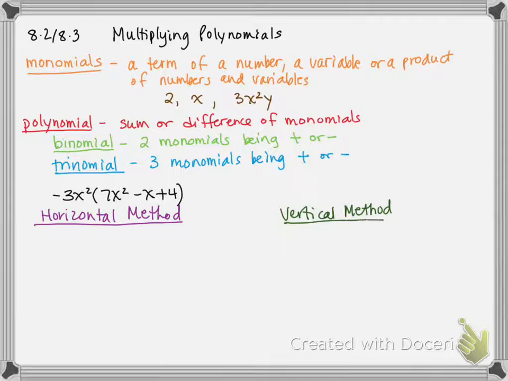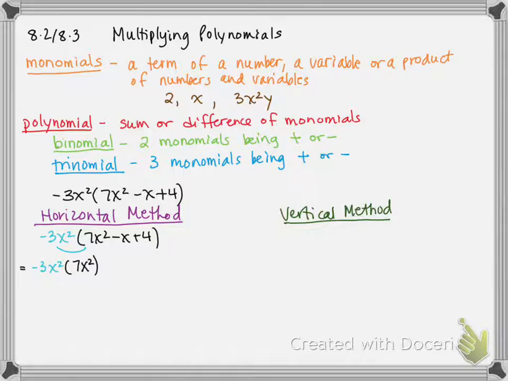Now, when it comes to a monomial, this math is pretty straightforward. So what we're going to have is the monomial times the polynomial. In this case, it's a trinomial. And what we're going to do is multiply. We're going to distribute that monomial to everything inside the parentheses. So the trick is you've got a lot of stuff going on. So we're going to have negative 3x squared. And again, this is not something you want to just do in your head, because that's when we get ourselves into trouble, especially when we're newly doing something.